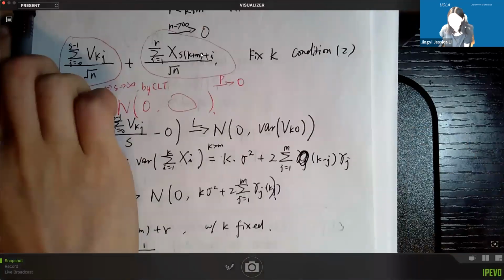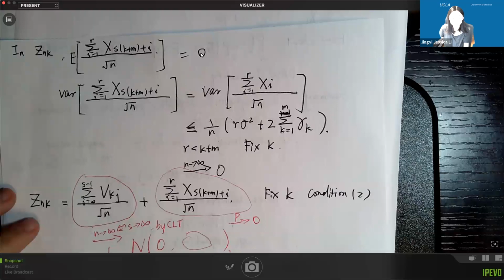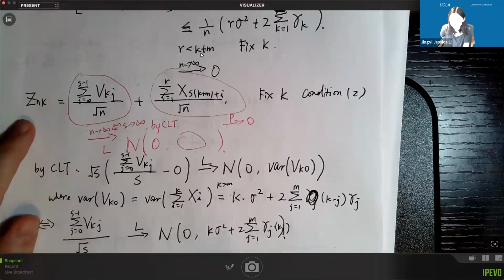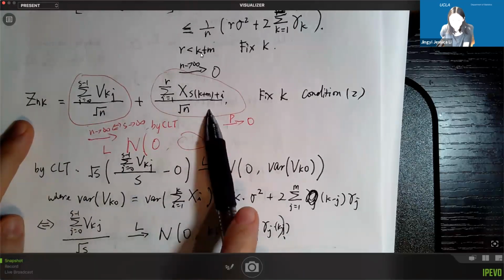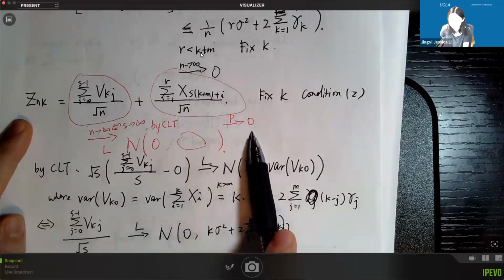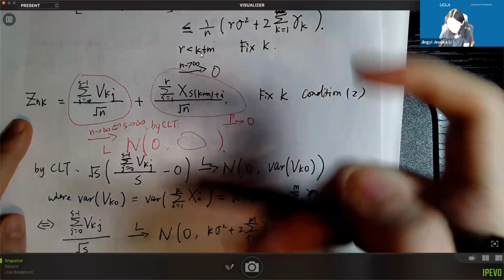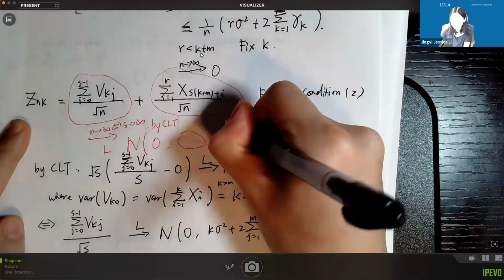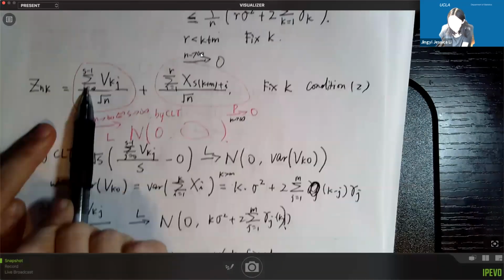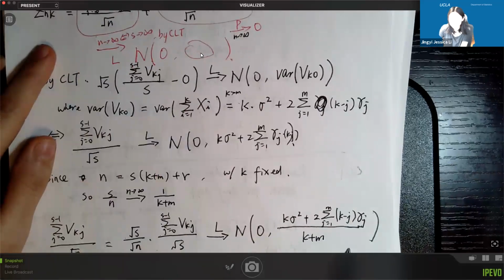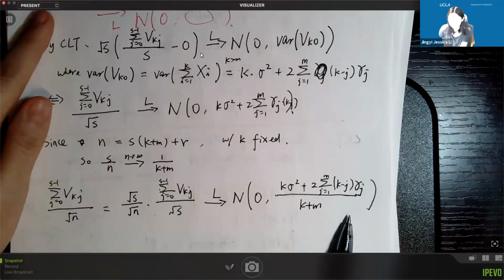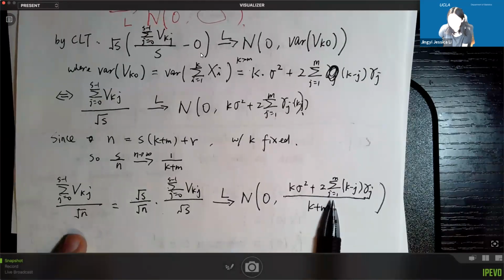It's a long argument, but if we go back here, Z_n,k has two terms. One term goes to 0 as n goes to infinity, and the other term, as n goes to infinity, goes to this term. So k is fixed and I'm letting n go to infinity.